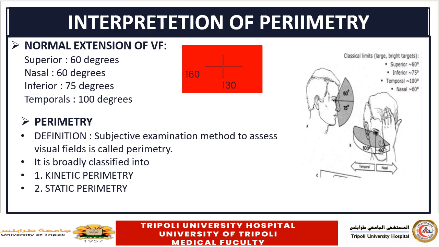In kinetic perimetry, the stimulus is moved from the non-seeing area to the seeing area to plot the boundary of the visual field. And the areas of equal stimulus sensitivity are called isopters. However, in static perimetry, we have different stimuli at different locations, and we assess the visual field in 3 dimensions: not only the boundary of the scotoma, but we can also determine the depth of this scotoma.